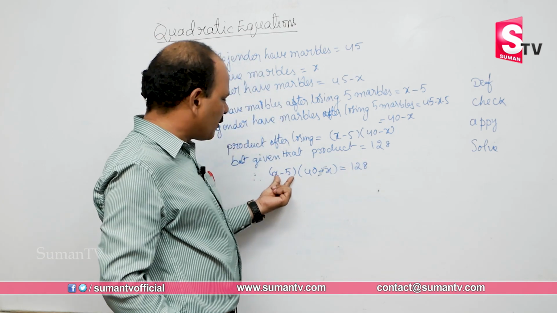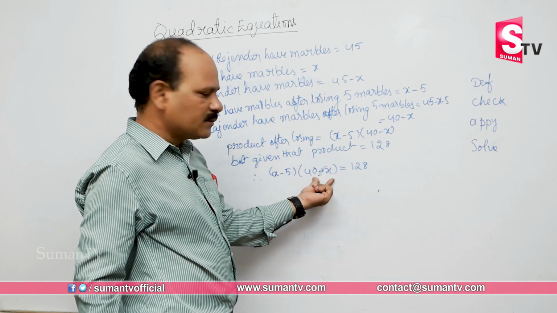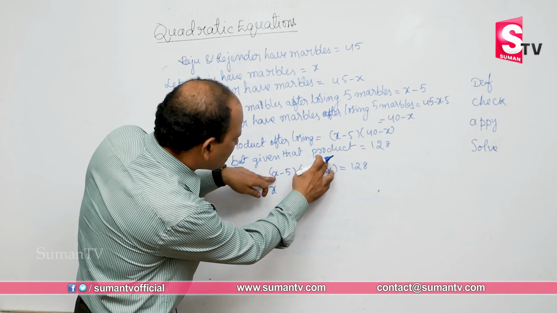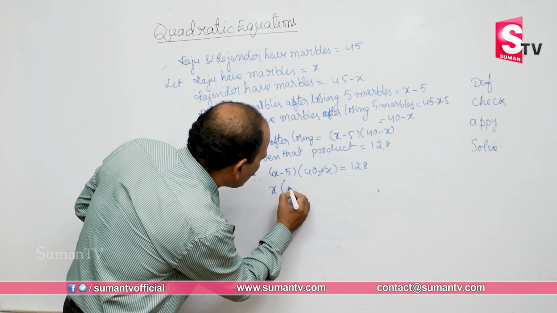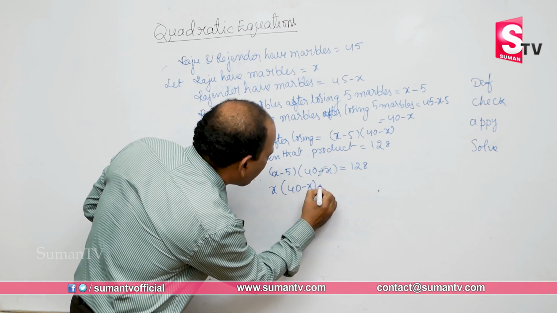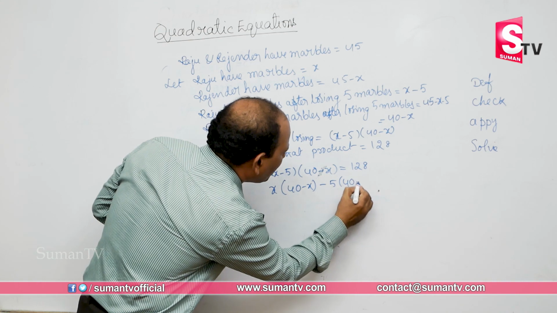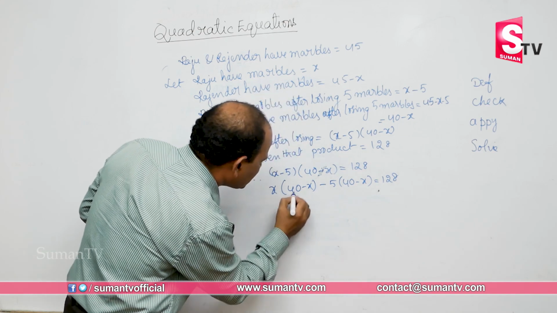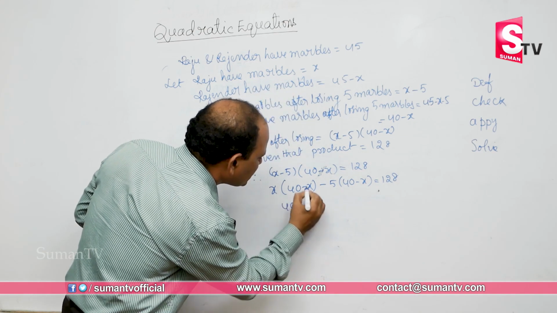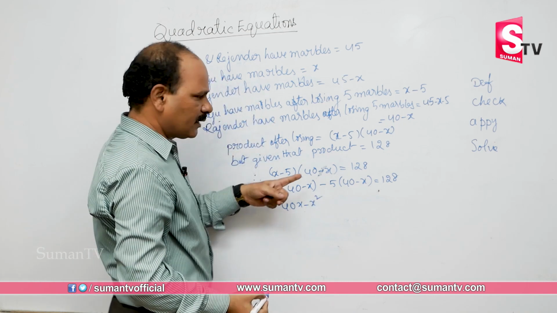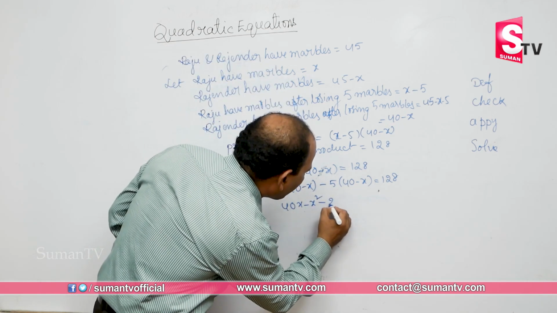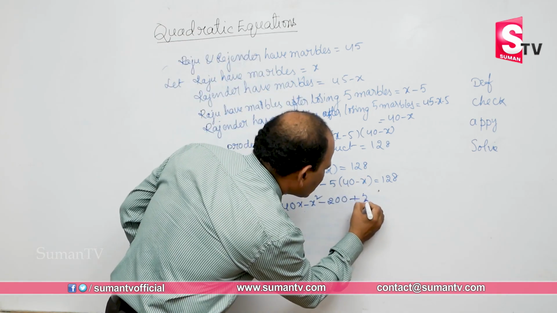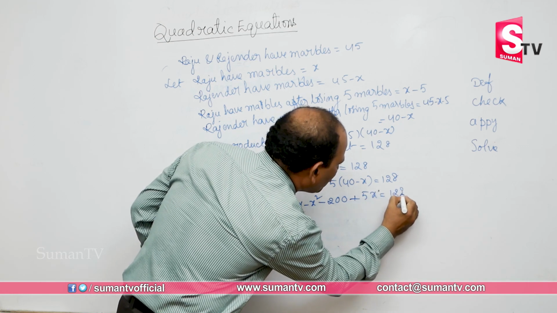Now these binomials should be multiplied. First multiply this whole binomial by x. So x minus 5 into 40 minus x is equal to 128. x into 40 is 40x, x into minus x is minus x square, and minus 5 into 40 is minus 200, minus 5 into minus x is plus 5x, equal to 128.